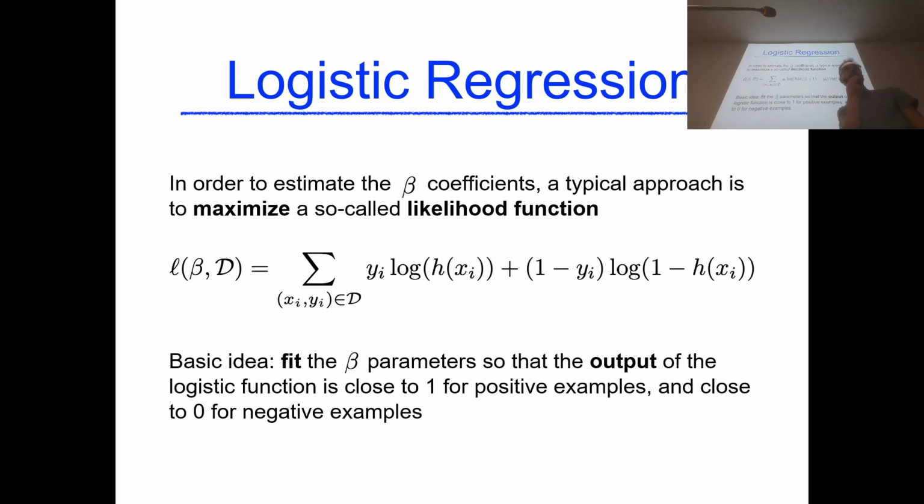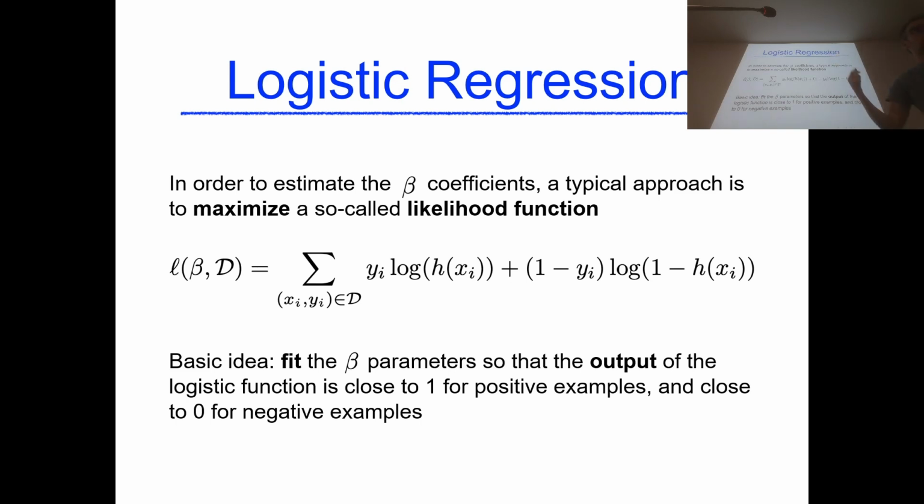What is the likelihood function? Well, the core idea is very intuitive. Try to adjust your parameters beta in a way that the output of the logistic function is close to 1 for the positive examples and close to 0 for the negative examples.